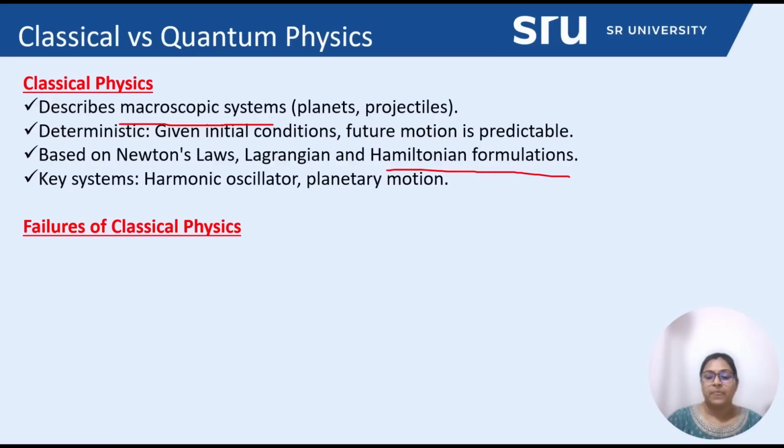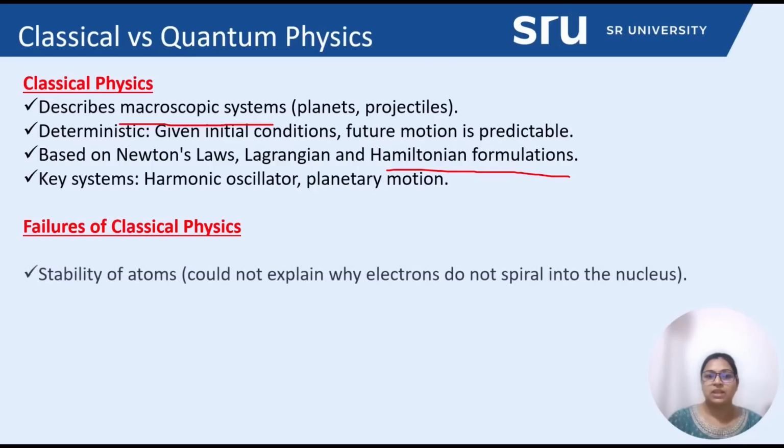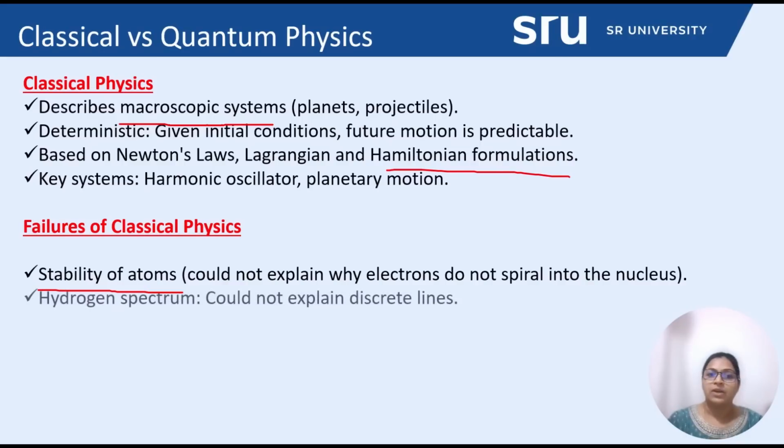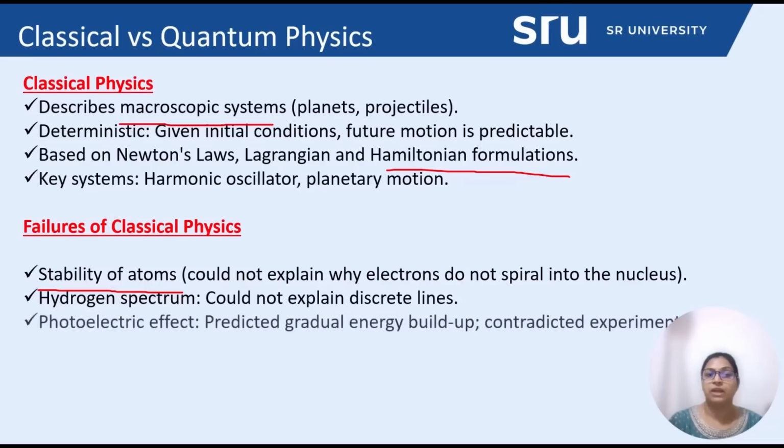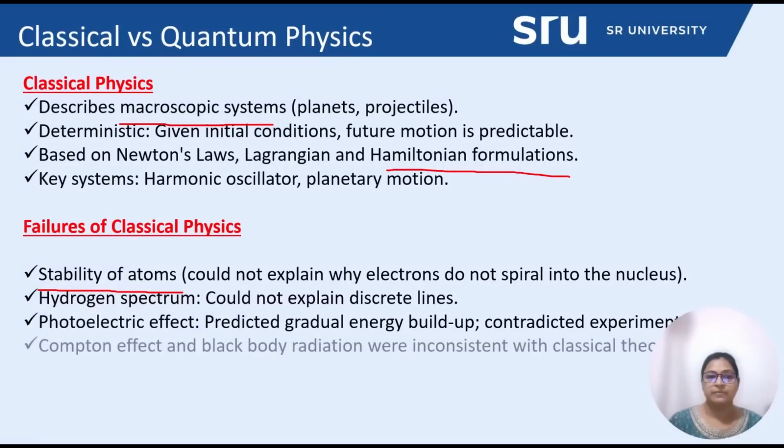So classical physics could not explain the stability of atoms, why electrons do not spiral into the nucleus. It could not explain the discrete hydrogen spectral lines. The photoelectric effect predicted gradual energy build-up, a contradiction of experimental results. The Compton effect and blackbody radiation were also inconsistent with classical theory.